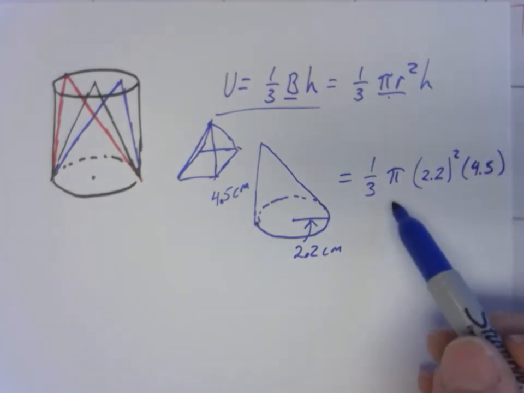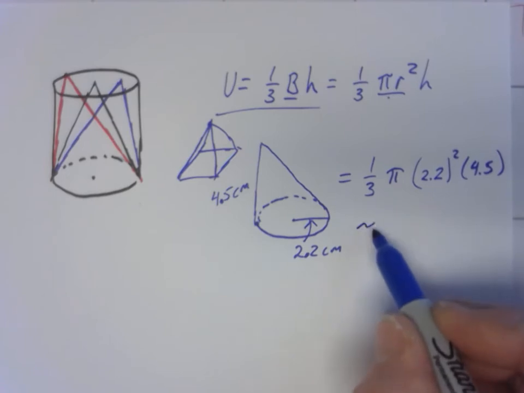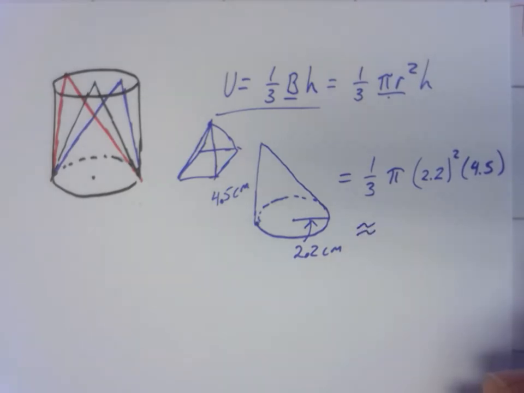This is a case where you're just going to get out a calculator and give an approximate answer. You're not going to try to give the exact answer necessarily. You can. It's not a big deal to get out the calculator and say, well, let's see, 2.2 squared times 4.5, and then multiply that by 1/3.